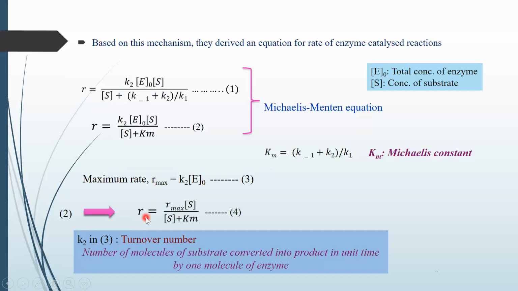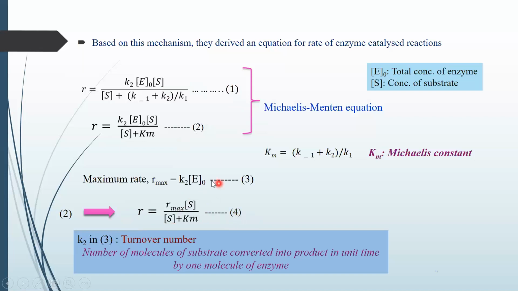R, the rate at any time, is equal to R maximum into the concentration of S divided by the concentration of S plus Km. So this is the rate equation based on the Michaelis-Menten equation. These three equations, first, second and third, represent the rate of enzyme catalyzed reaction based on the Michaelis-Menten mechanism.